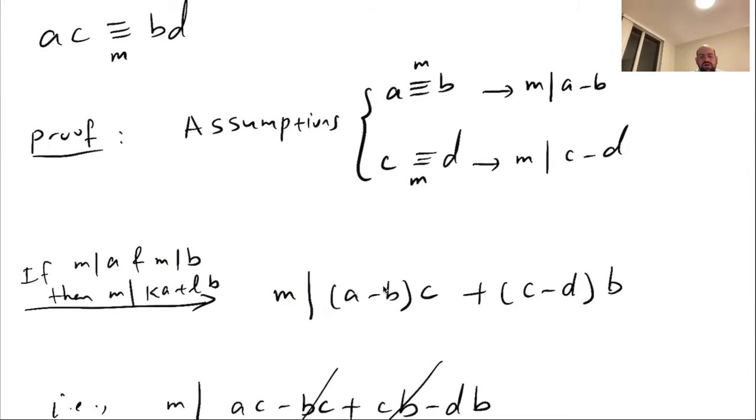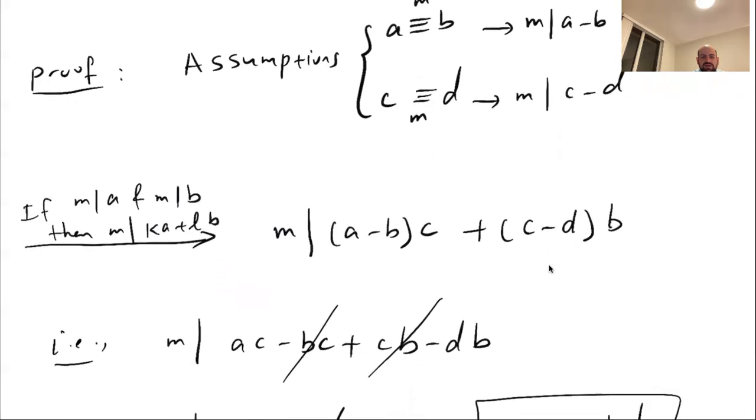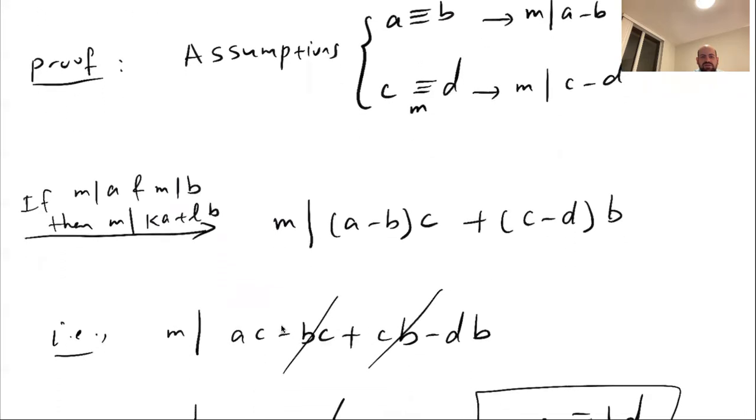So why don't I multiply the first number above by C, the second number above by B? Because then AC and BD will appear, and then I will add them. If I do that, I'm going to get M divides AC minus BC plus BC minus BD.